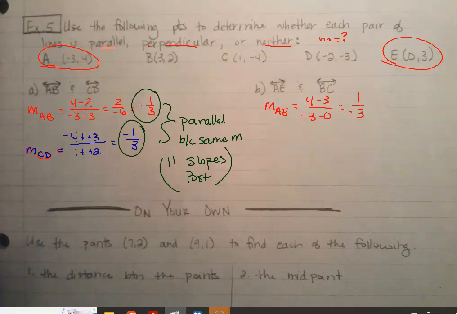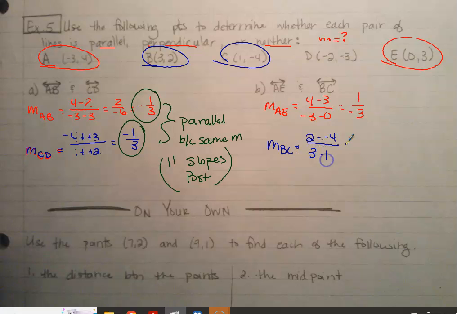And let's do the next one, BC. Wait, did we have a BC earlier? No. Okay. So slope of BC equals 2 minus negative 4 and 3 minus 1 in my denominator.